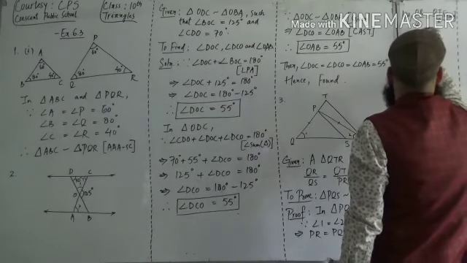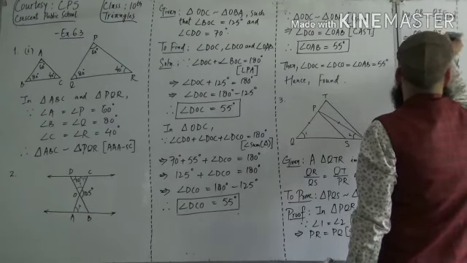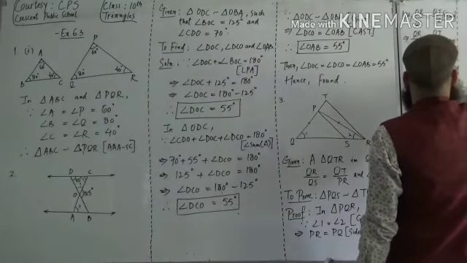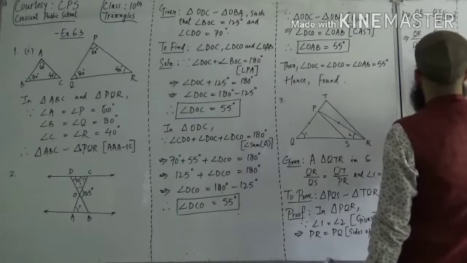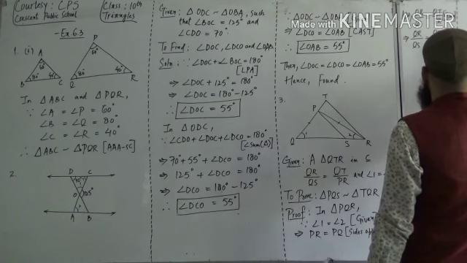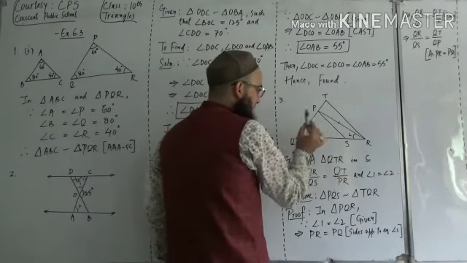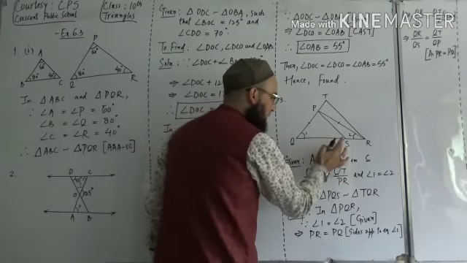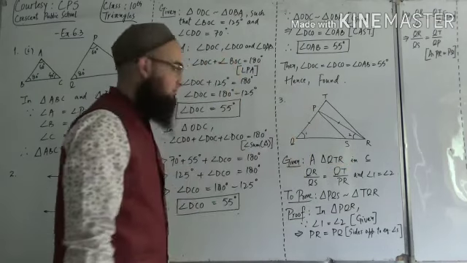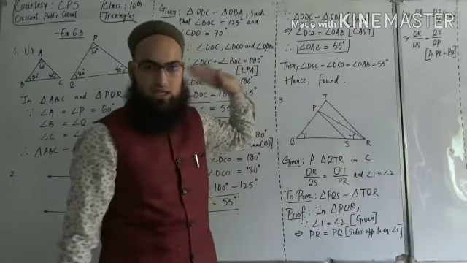So QR by QS is equal to QT by, instead of PR, I'll write PQ. PQ or QP, that's one and the same thing. So I'll give the reason as PR is equal to PQ. Got it? Now see, QR by QS is equal to QT by QP. Got that one?